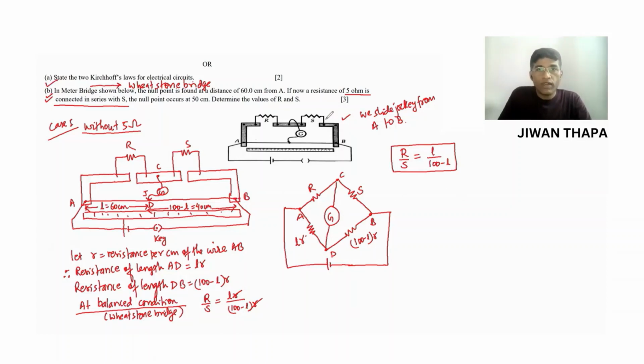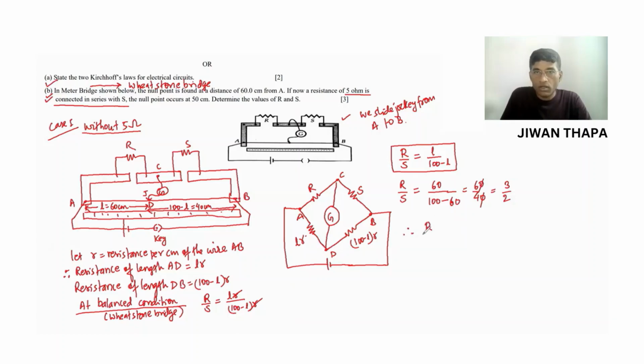Now what we find, L is 60, okay? So R by S is 60 by 100 minus L, that is 100 minus 60. So this gives me 60 by 40. So we get 3 by 2.